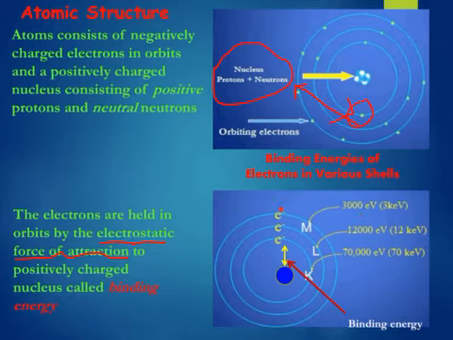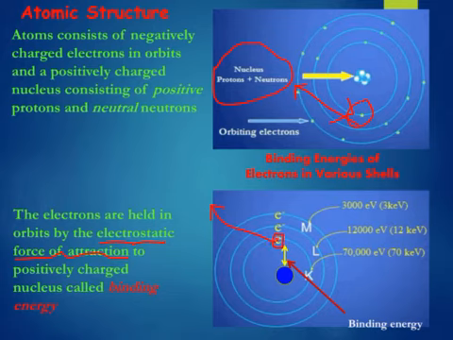If at all one electron moves out of any shell, for example, let's say the electron from the K shell was moved out by supplying a binding energy of 70,000 electron volt, then if this electron goes out of the atom, it will create a space, an empty space.